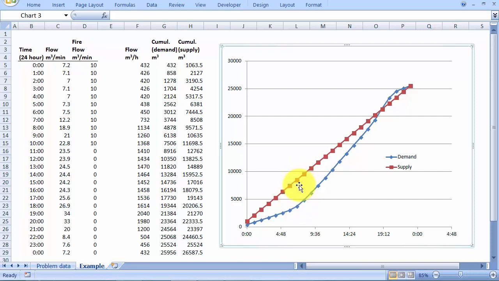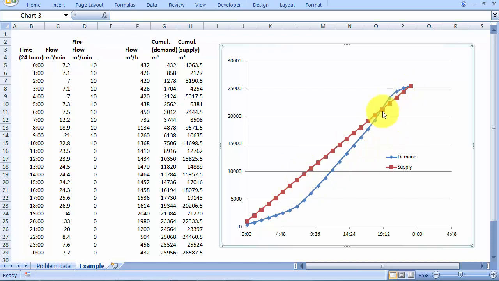The vertical distance between those two points is the amount of overfill currently in the tank. And as we continue to move up to this top point, this is the amount of excess demand. At this point, our demand will be above the supply, and that difference will then be an extra storage requirement of the tank.